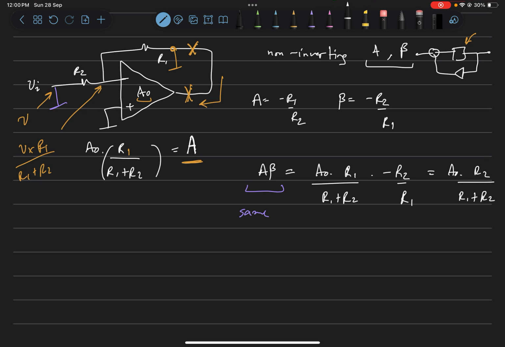Now if you find the value of beta from here, you will see that this equation is satisfied even if you make beta an unknown. You will find out the value of beta will be negative, because we have a negative terminal here. So you will find out the value of beta as minus R2 over R1, giving the value of the gain as minus R1 over R2.